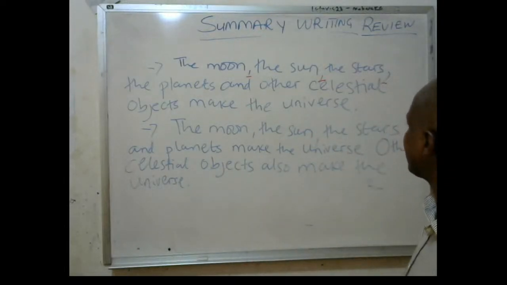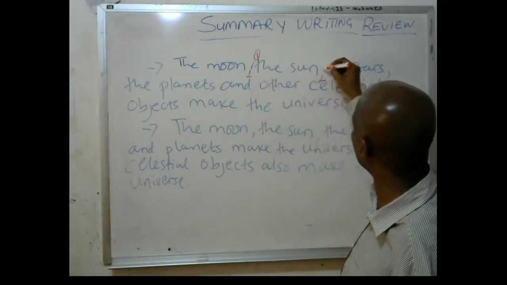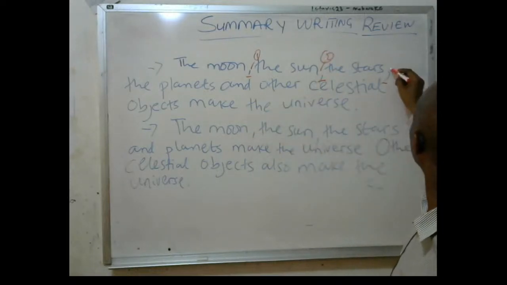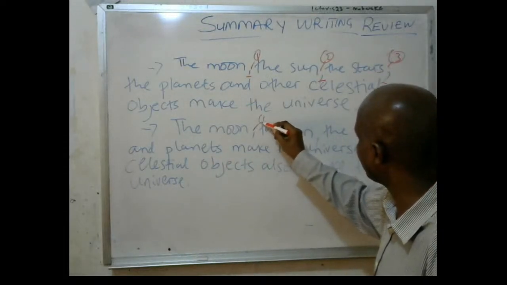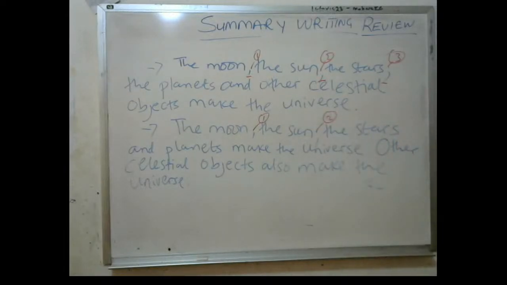So for purposes of summary writing, that is 1, 2, the third comma, whereas here we have 1, 2 commas.